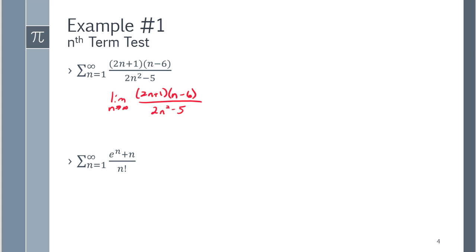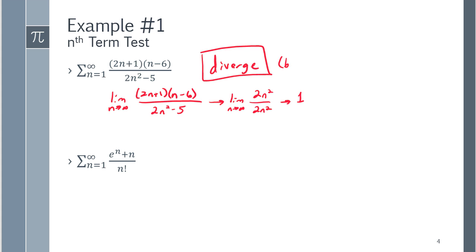Because n is going to infinity, I can use end behavior models. So this is behaving like the limit as n goes to infinity of 2n squared taking over on top, 2n squared taking over on the bottom, and this gives me 1. So because that limit approaches 1, this series must diverge by the nth term test.